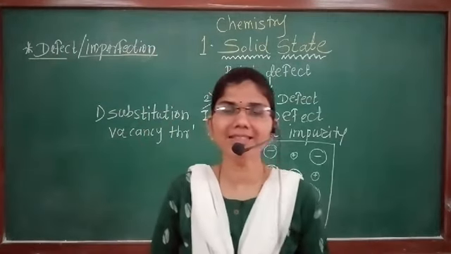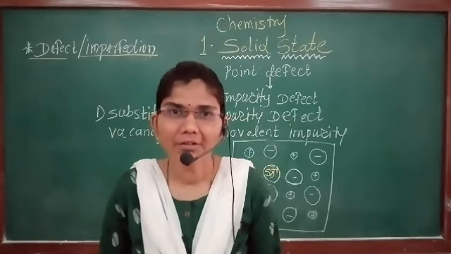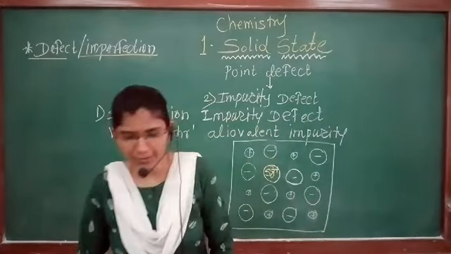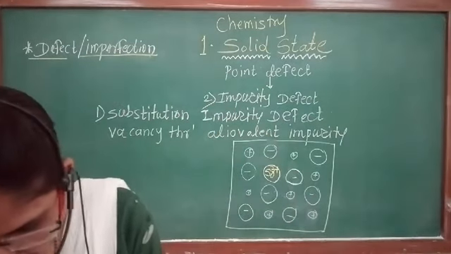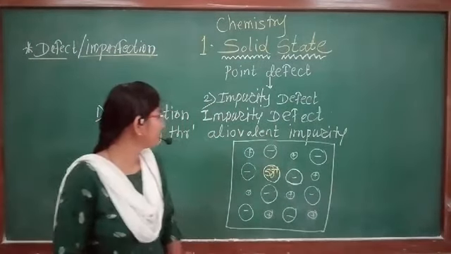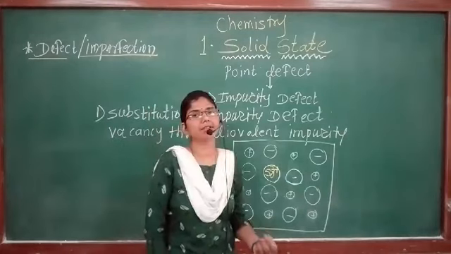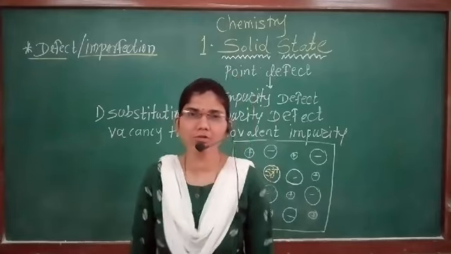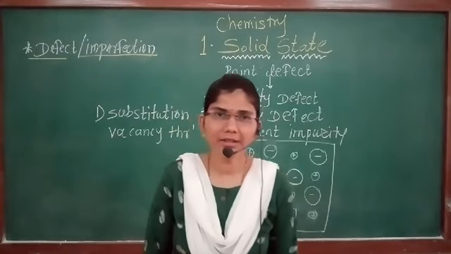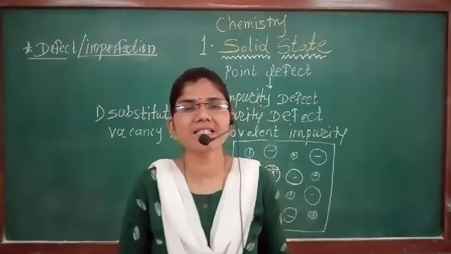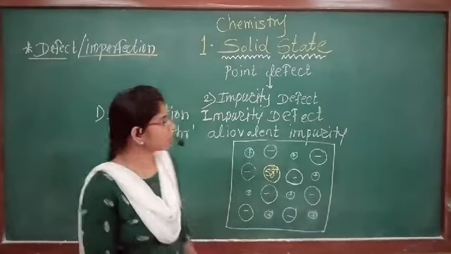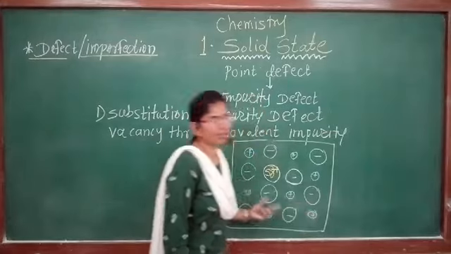produced in the crystal structure when allovalent ions, that means when we add impurities of allovalent ions. Allovalent ions means what? The ions with a higher oxidation state than the oxidation state produced by these ionic solids.